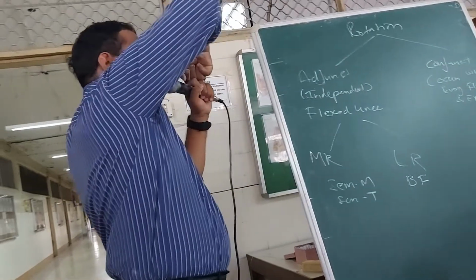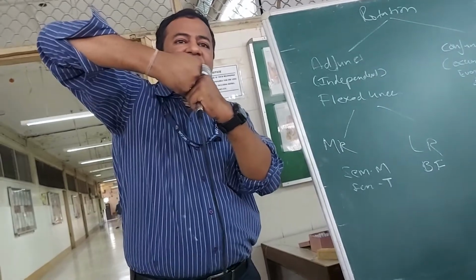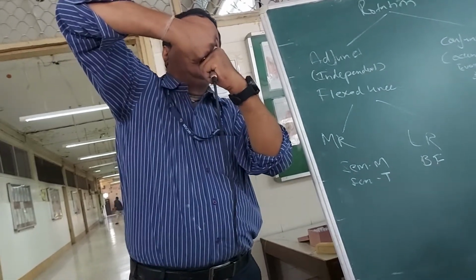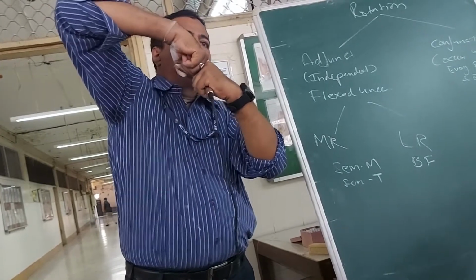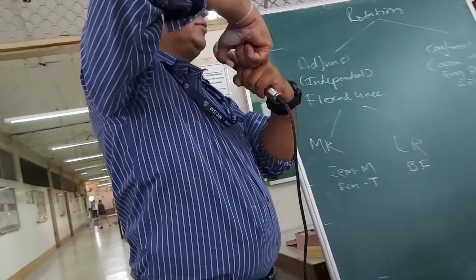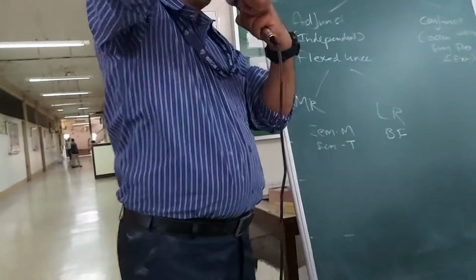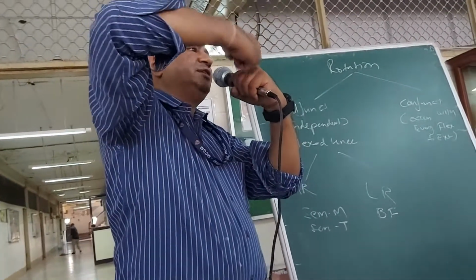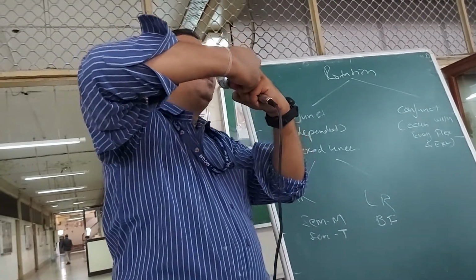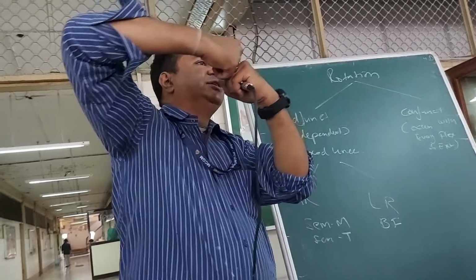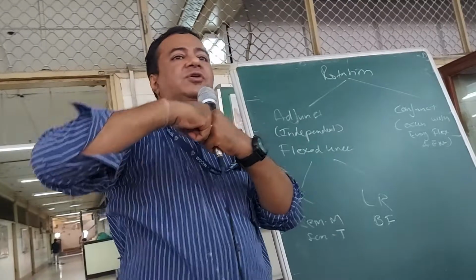So during the last stage of extension, the femur rotates medially like this and gets locked. So when I am extending from flexion, in the last stage the lateral condyle of the tibia is used up and there is a space on the medial condyle. So the femur rotates medially and gets locked.